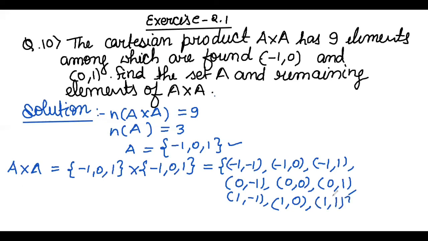So these are the elements of A cross A when A is {-1, 0, 1}. So 2 elements are here given, that is (-1,0) and (0,1). So except that 7 elements are here. So this is our answer. So this exercise is over.